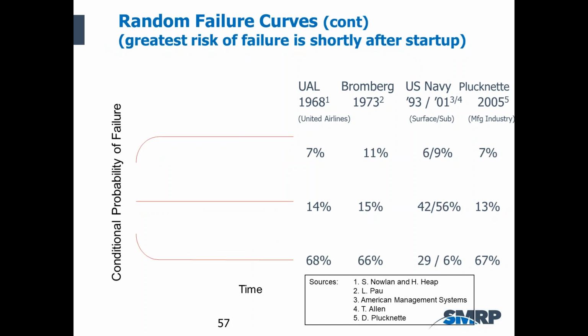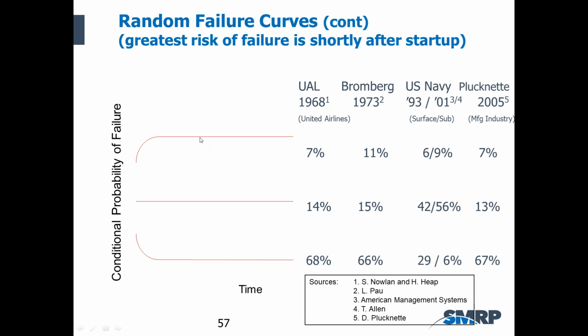So next set of data. Let's jump down here to the bottom, the infant mortality curve. 2/3, 2/3, 2/3. I'm skipping over the Navy because most of you don't operate like a submarine. But now one other point here, after about 30, 60 days after the infant mortality period, this probability of failure goes flat.